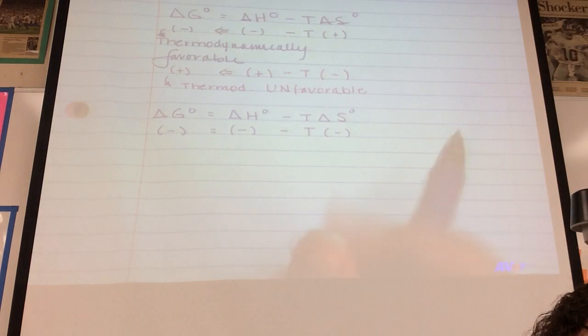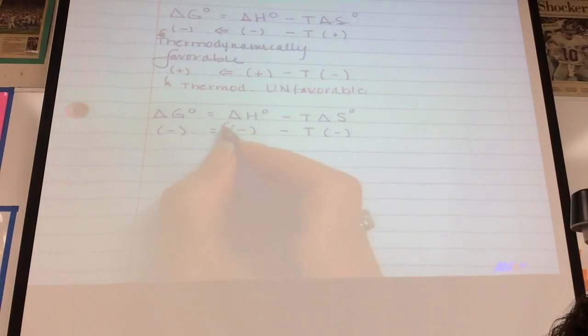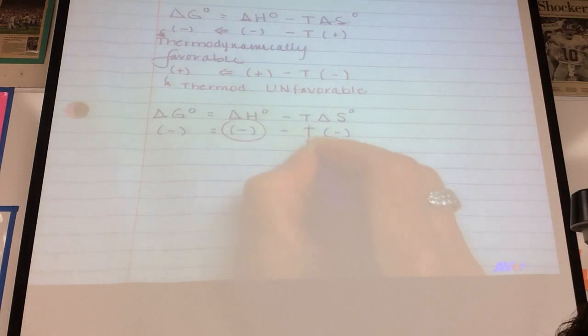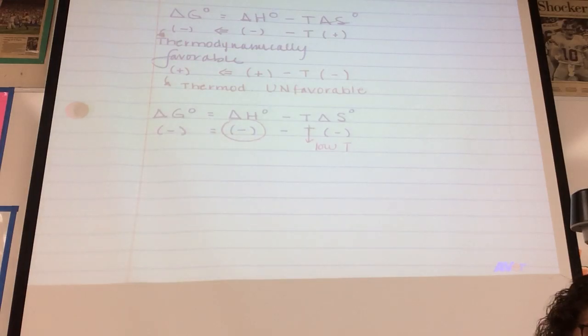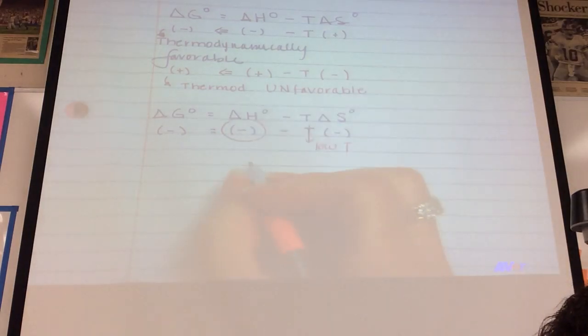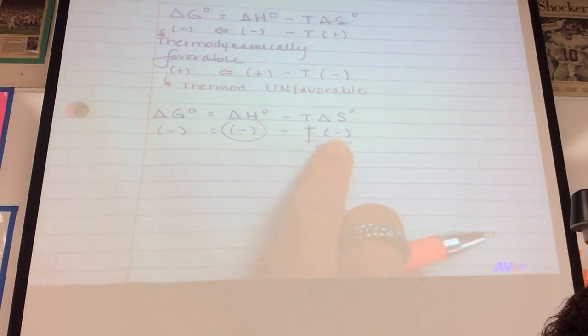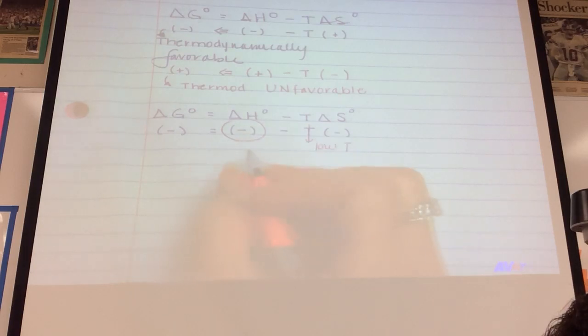So which term do you want to predominate, the enthalpy or the entropy? This one. And the way you will get this to predominate is with low temperature. At low temperature, the enthalpy term will predominate, and you can get thermodynamic favorability with an exothermic reaction that illustrates order.